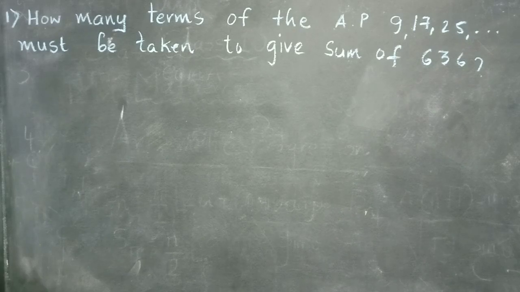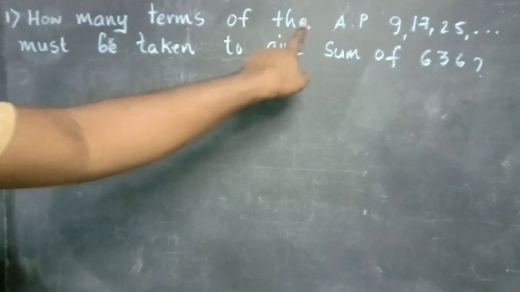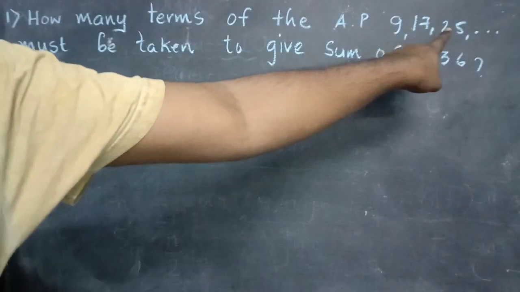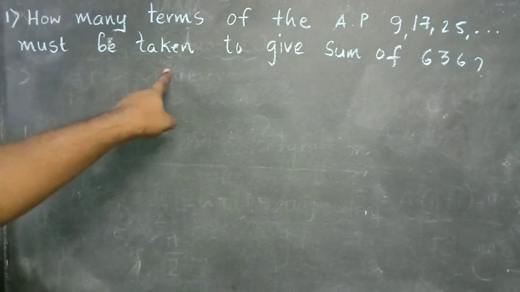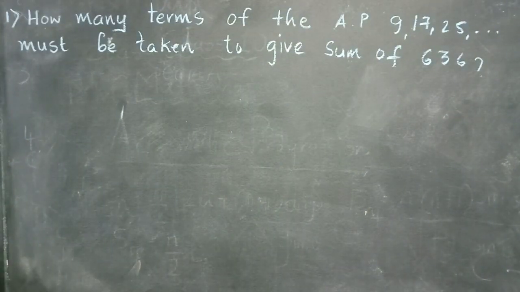So moving to the exercise question: how many terms of the AP 9, 17, 25 and the list goes on must be taken to give sum of 636?